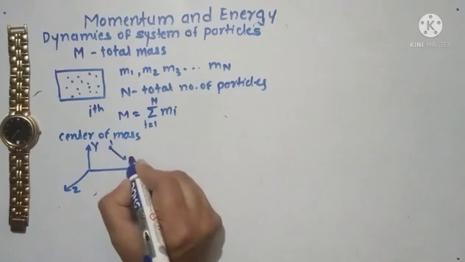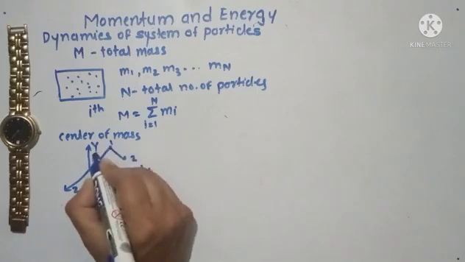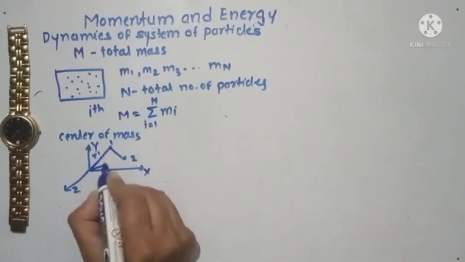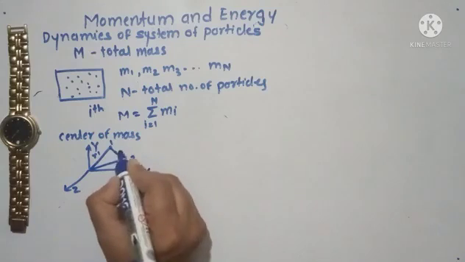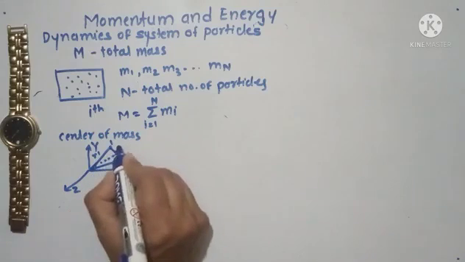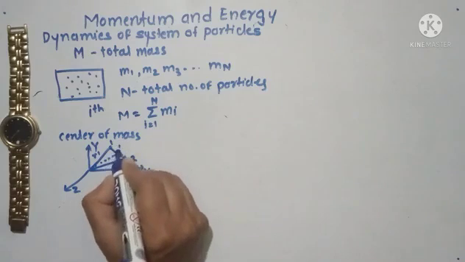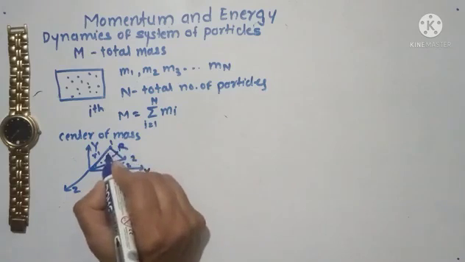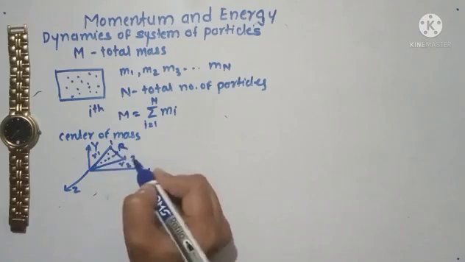This is particle 1 and this is particle 2. The position vector of particle 1 is r1 and of particle 2 is r2. Suppose there is another point here, and let capital R be its position vector.